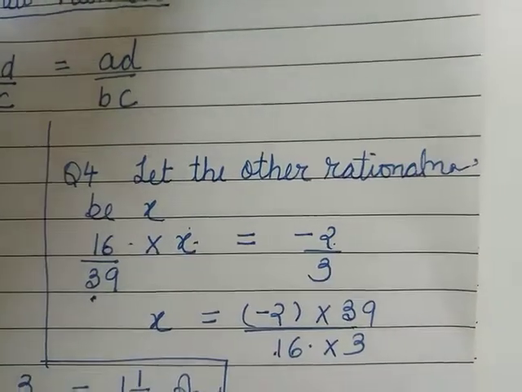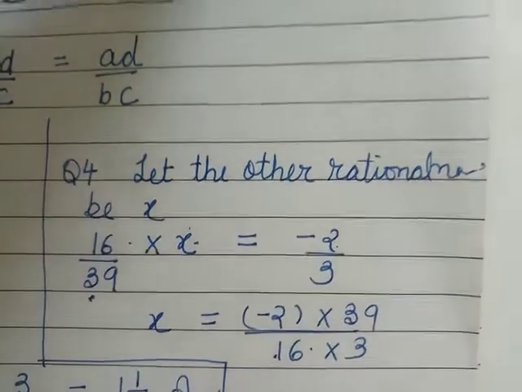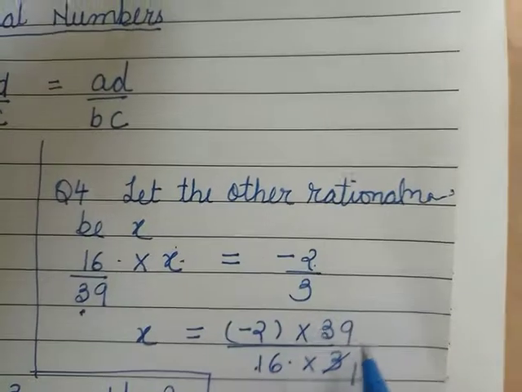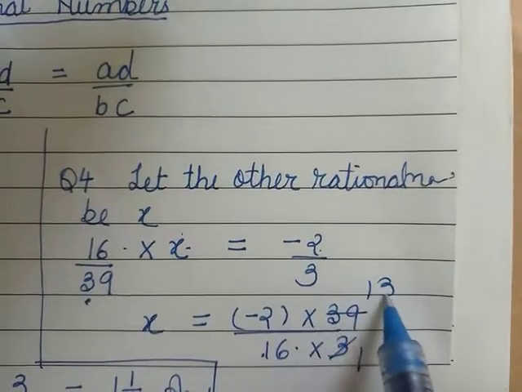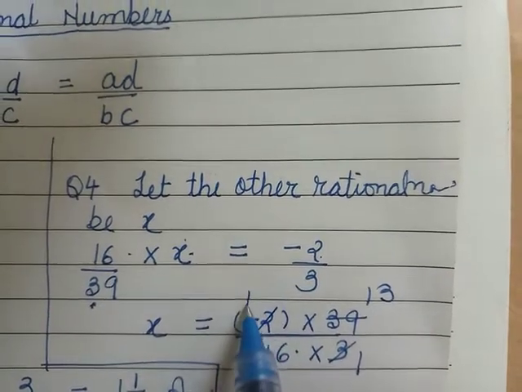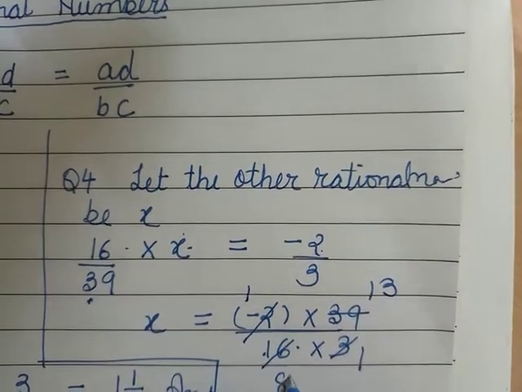Okay children, now we simplify it. 13 3s are 39, so 3 1s are 3, 13 3s are 39. 2 and 16 get cancelled, 2 1s are 2, 2 8s are 16. So what are we left with?